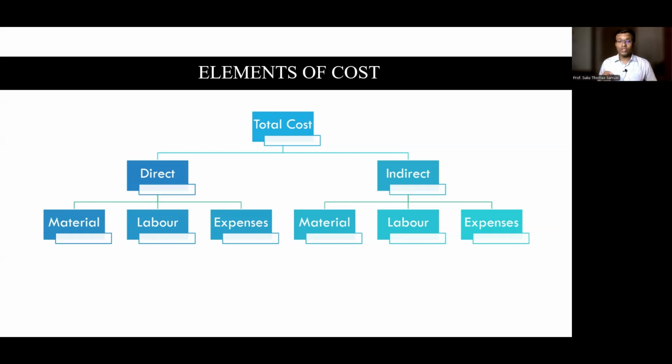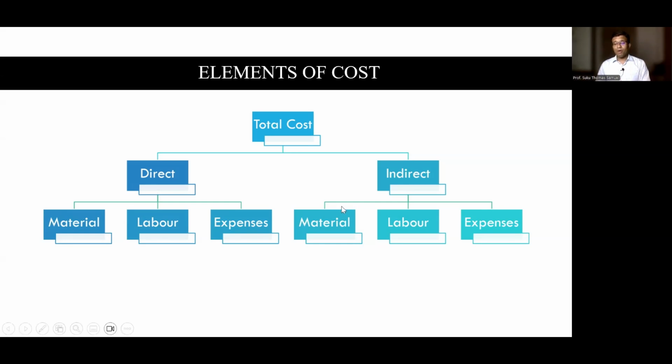The total cost that is incurred by an organization can be further classified as direct and indirect. When we talk about the direct expenses, you have three subdivisions: material, labor, expenses. When we talk about the indirect expenses, that again has got three subdivisions: material, labor, and expenses.